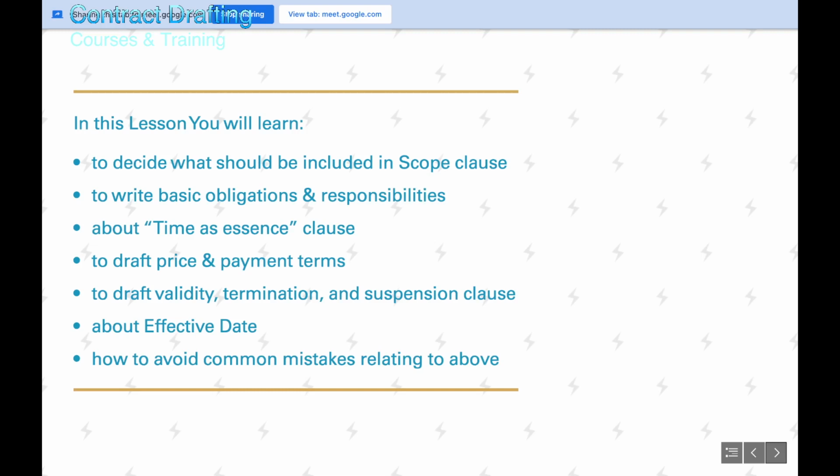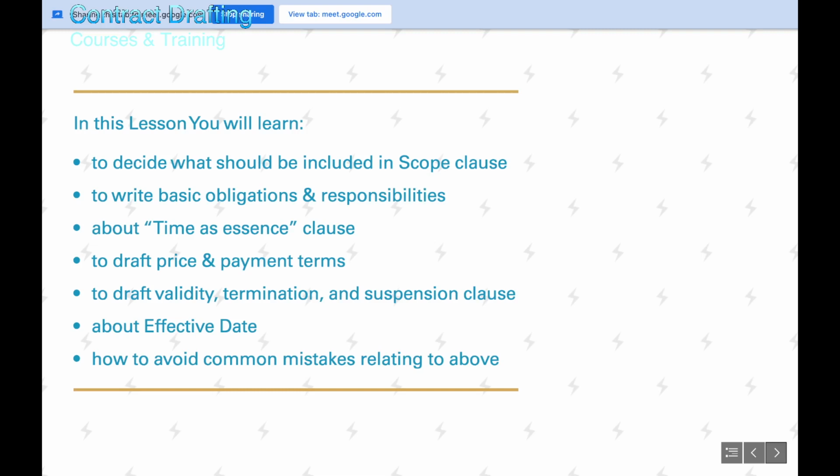Then the important clause on price and payment terms. Then the validity of the contract, the termination or suspension clause. I'll also try to explain the difference between effective date and other dates of a contract and how we can avoid some mistakes relating to these.